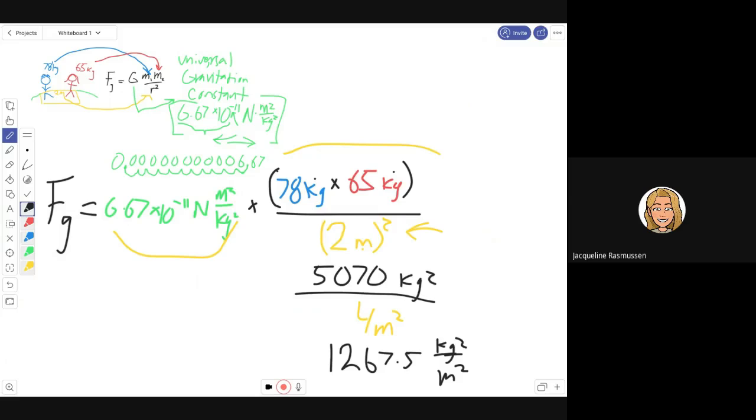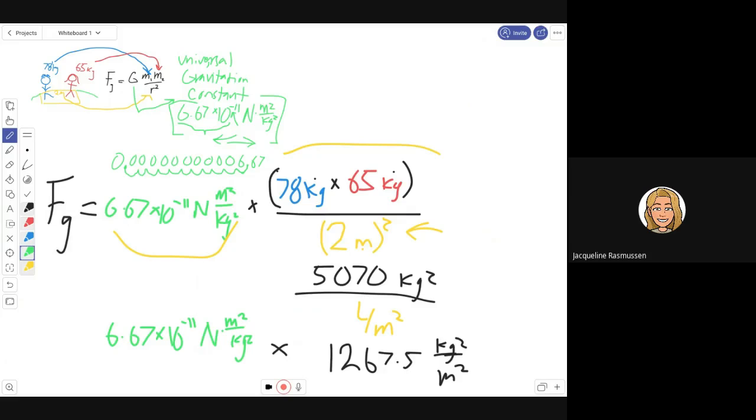So now we've got a whole number on that side of the math situation. And so we can worry now about how to multiply it by our constant over here, which again is 6.67 times 10 to the negative 11 newtons meters squared over kilograms squared.